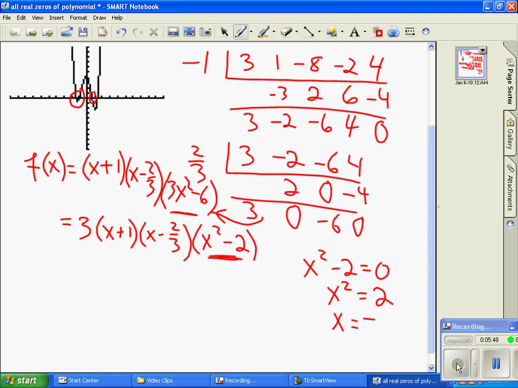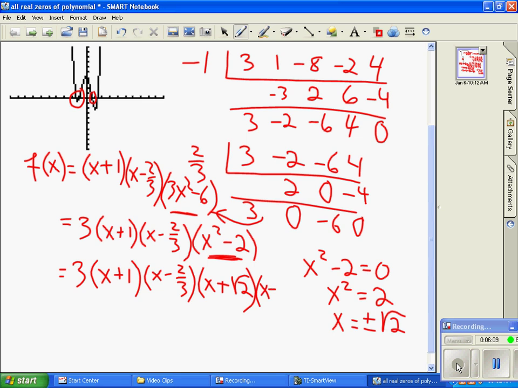So we're going to get plus or minus square root of 2. Okay, so those are our two factors. So let's just write this in factored form: x plus square root of 2 and x minus square root of 2.